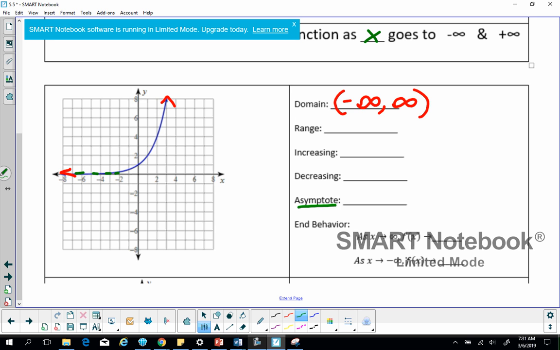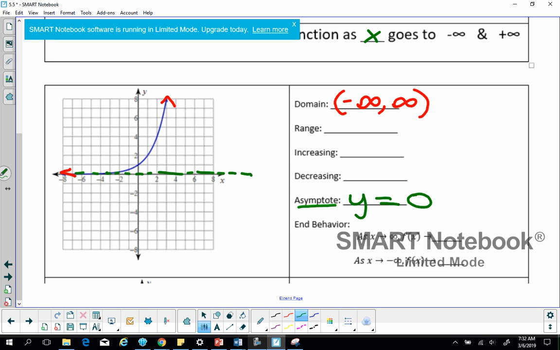It's basically where it lands, this line is called your asymptote. So you're looking at your asymptote, it's basically where the plane lands. And so right here, when I look at this asymptote, we always look at the y value. And so what is the y value of that line? 0. So your asymptote is y equals 0.